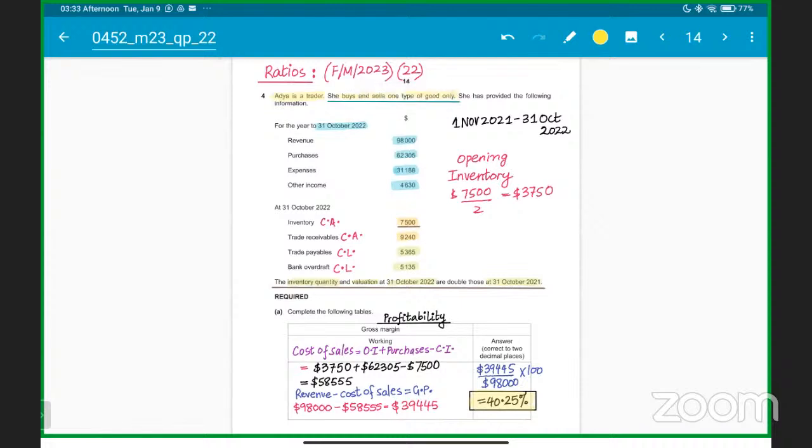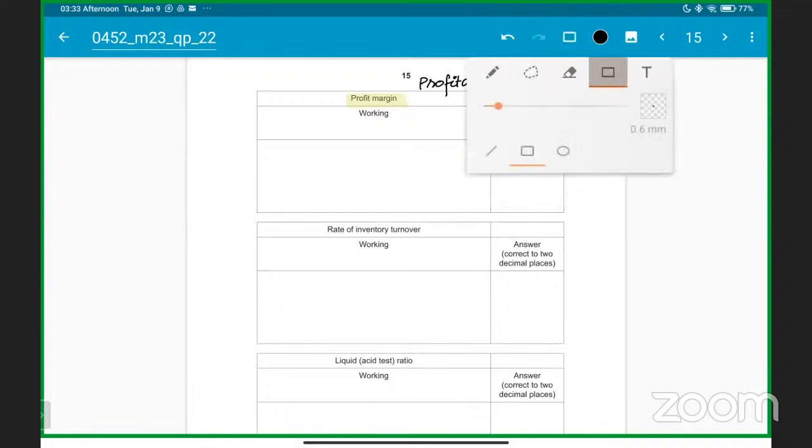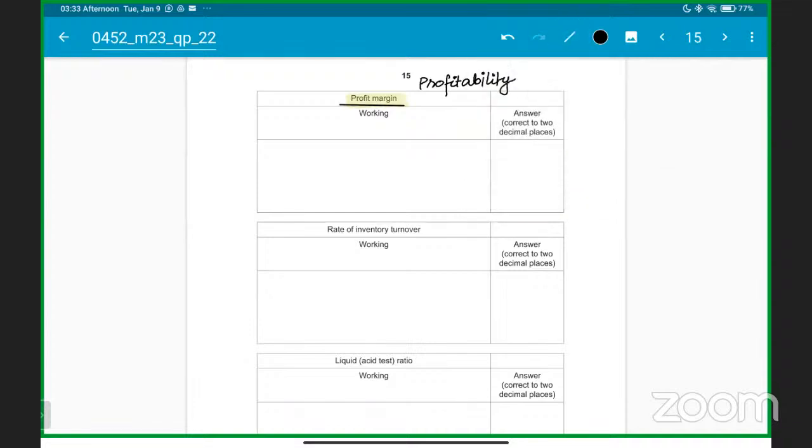Next, after gross margin, what we have to find is basically the profit margin. Make sure you understand the difference between gross margin and profit margin. Profit margin is also a profitability ratio, based on the understanding of the profit and how to write down theory on it, how to do the analysis and explanation on the ratios.